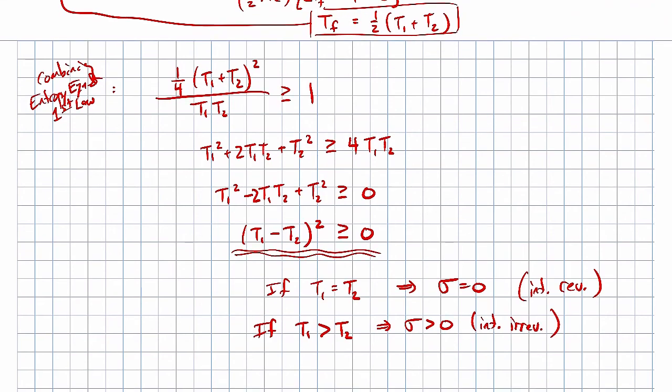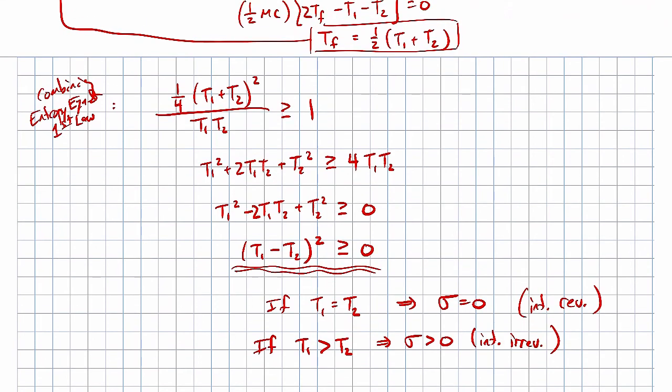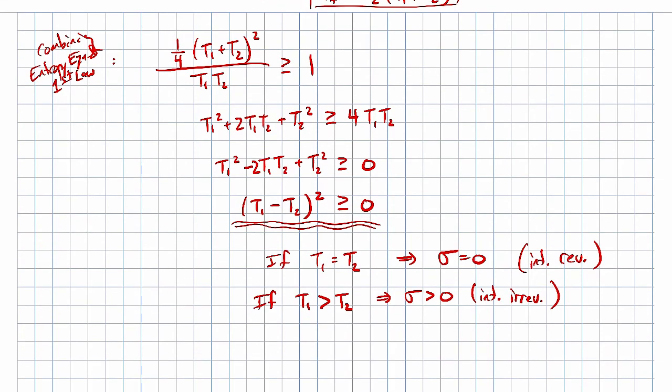Similarly, if I make T2 greater than T1, we'll get a negative number here, but we're going to square it, and that'll also be positive. So if T2 is greater than T1, we'll also get sigma greater than 0, and that will also be internally irreversible.